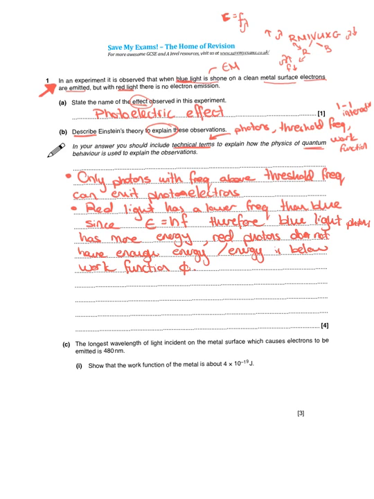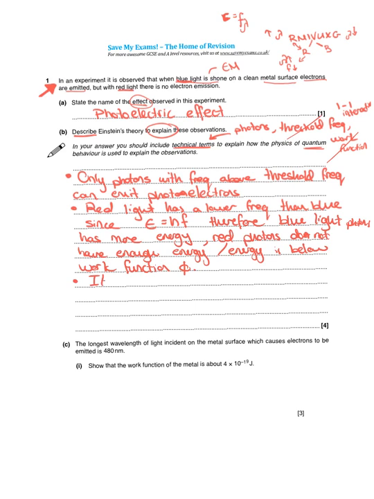I already mentioned two points so far. I talked about threshold frequency and work function, and this is also a one-to-one interaction, so you can't have two red light photons building up enough energy to get rid of one electron.